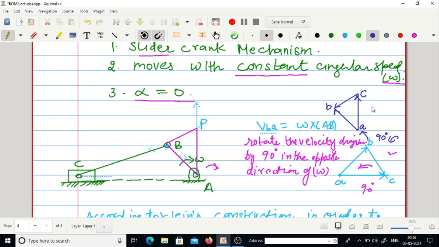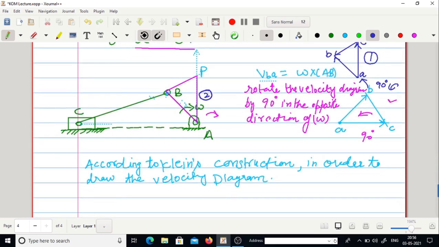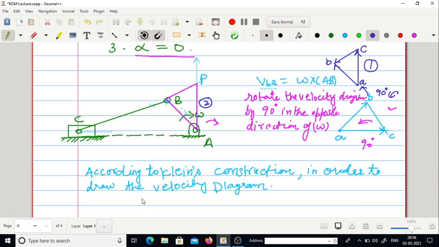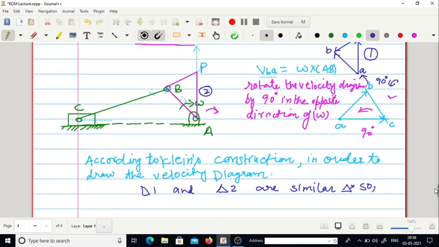Now this triangle number 1 and the triangle obtained with the help of Klein's construction, triangle number 2, are similar triangles. So the ratio of their sides will also be equal. Let us write the equation then.